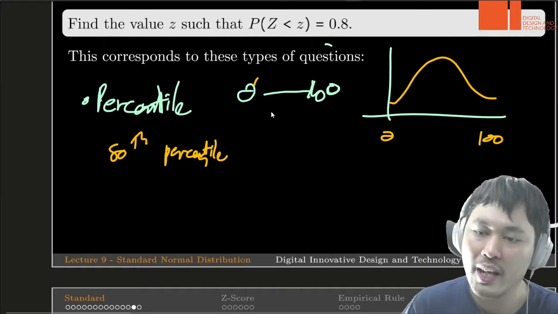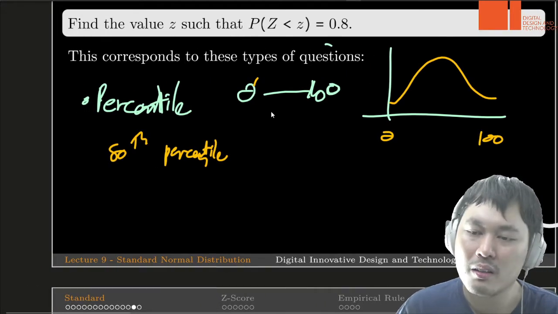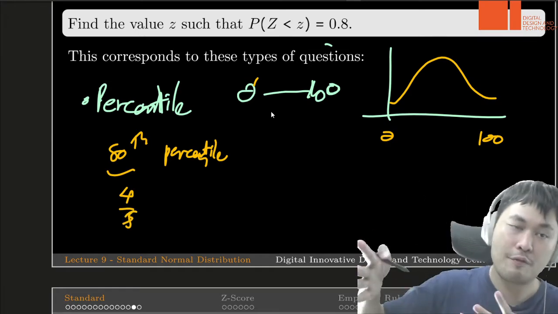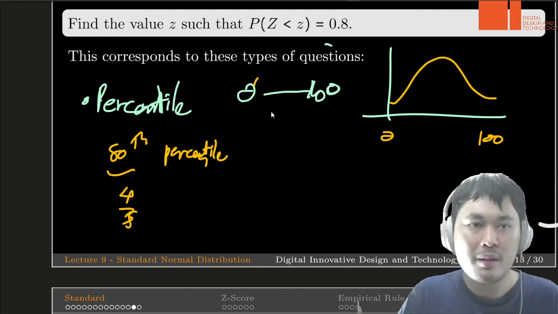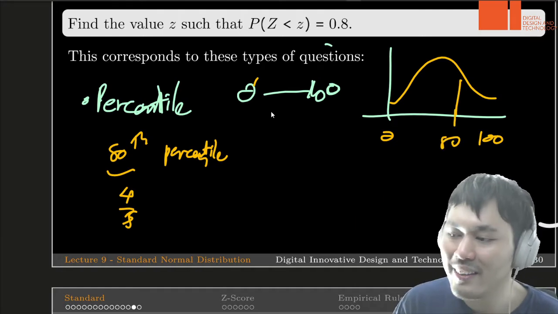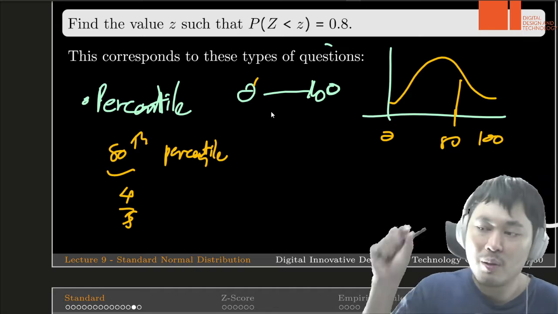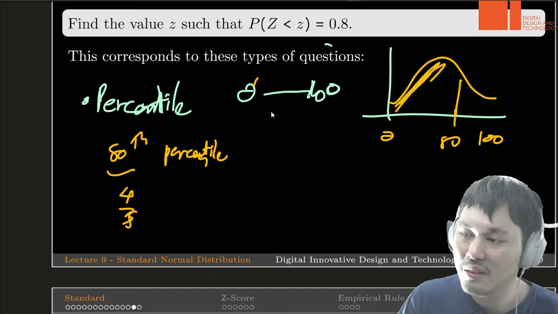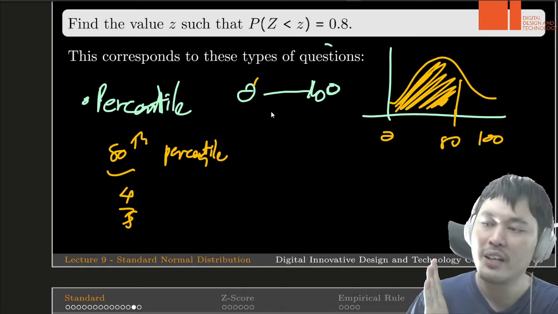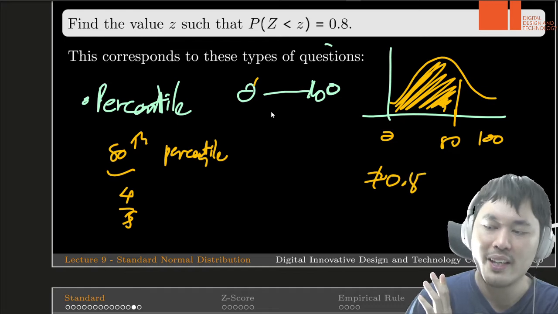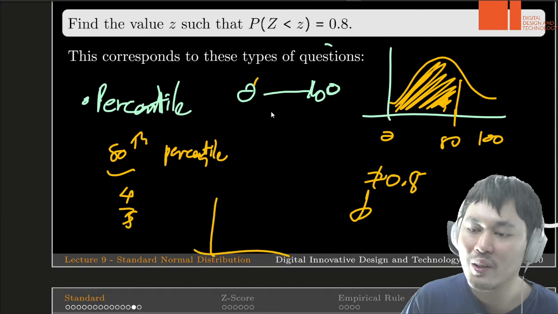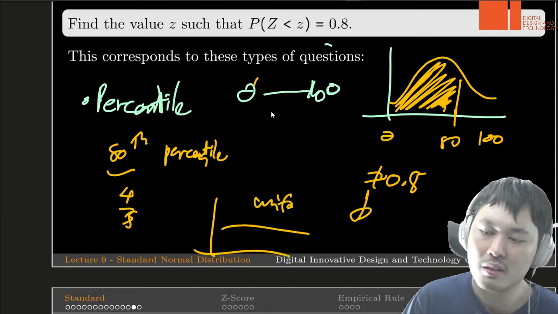If you want to be the 80th percentile, or at least 4/5, that means you want to be better than 4 out of 5 of all the people. It's not going to be exactly 80, because if the point is 80, the area to the left of that point is not 0.8. If it's 80 and 0.8, then you are looking at a uniform distribution.